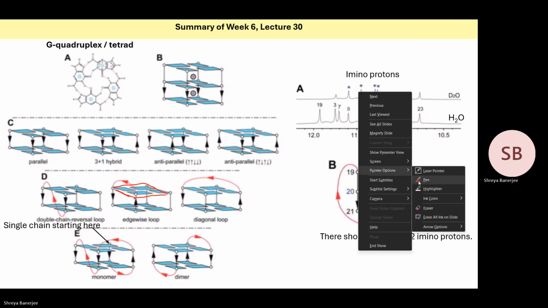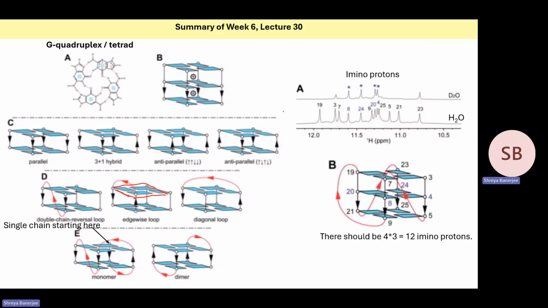So in water, you will see all the protons, but in D2O, you will only see the non-exchangeable protons. That is why the number of signals in D2O is very much reduced. Here, for each G, you will see one imino proton. We have already discussed that each G has one imino proton.